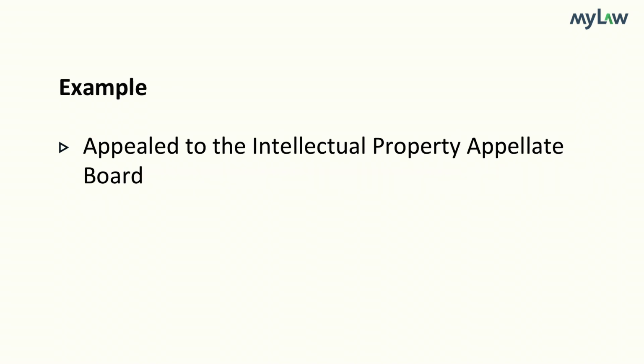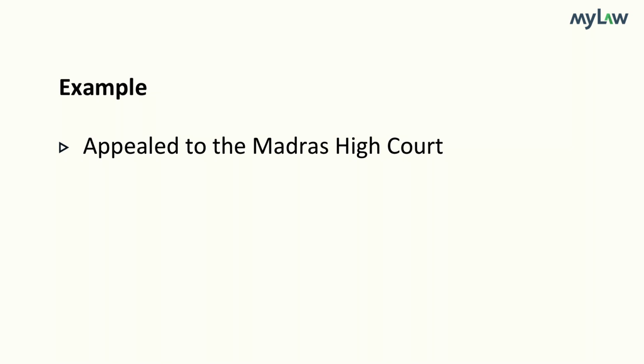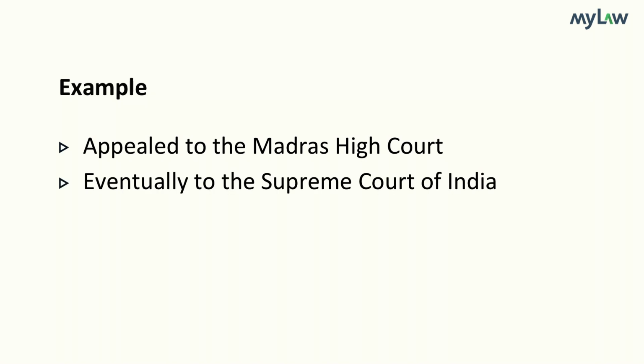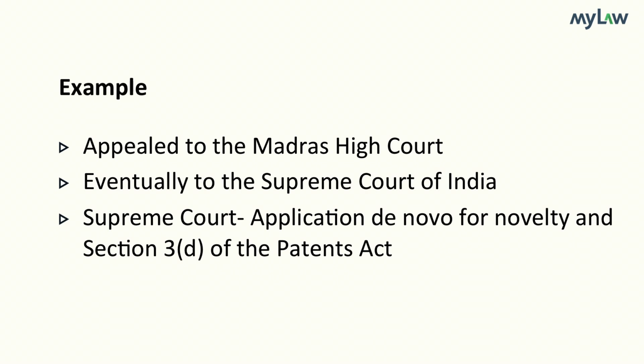An appeal against the decision of the Indian Patent Office was filed before the Intellectual Property Appellate Board, failing which the matter was brought before the Madras High Court and subsequently the Supreme Court of India. The Supreme Court adjudged the application de novo for novelty and Section 3D of the Patents Act.